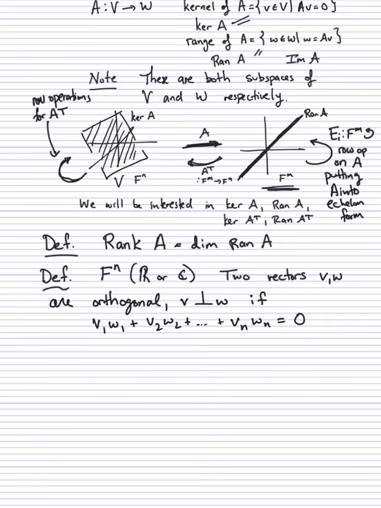In other words, if you think of the v sub i's as a 1 by n matrix and the w sub i's as an n by 1, then this product, like the matrix multiplication, is 0.